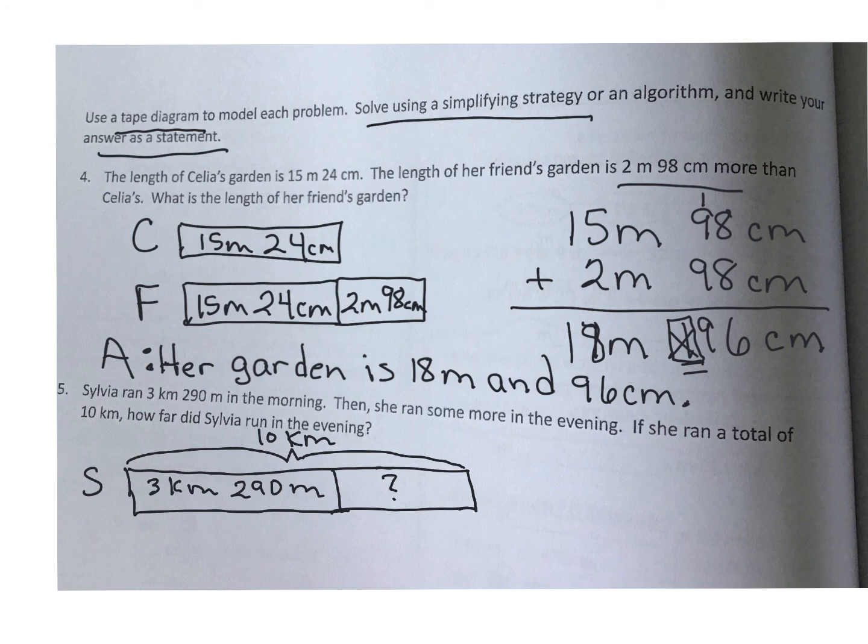So we're going to subtract. Okay, when I'm looking on here, I'm like, oh, I don't have any meters to take away from. So I'm going to change one of my kilometers into meters. Remember, a kilometer equals 1,000. So I'm going to make one of these into 1,000, and I'm going to erase the 10 and make it a 9.